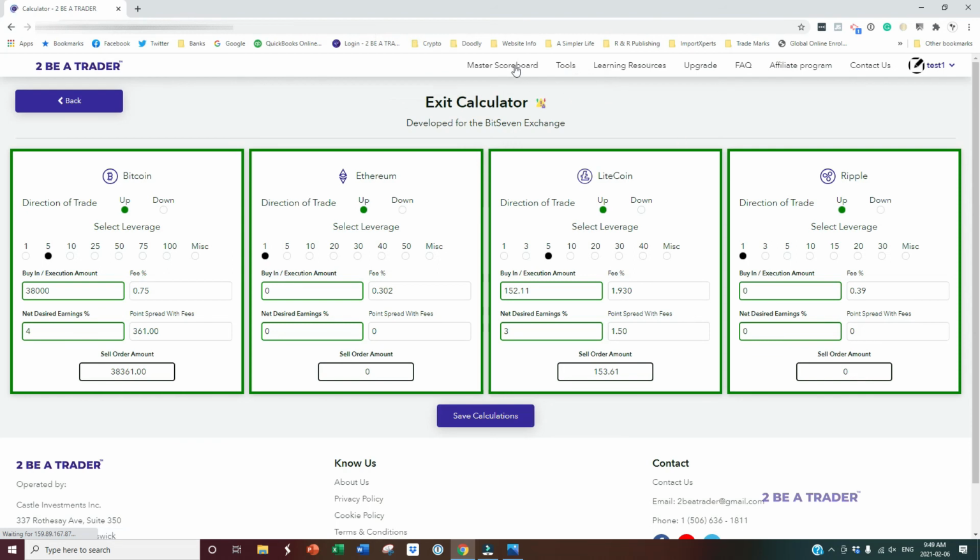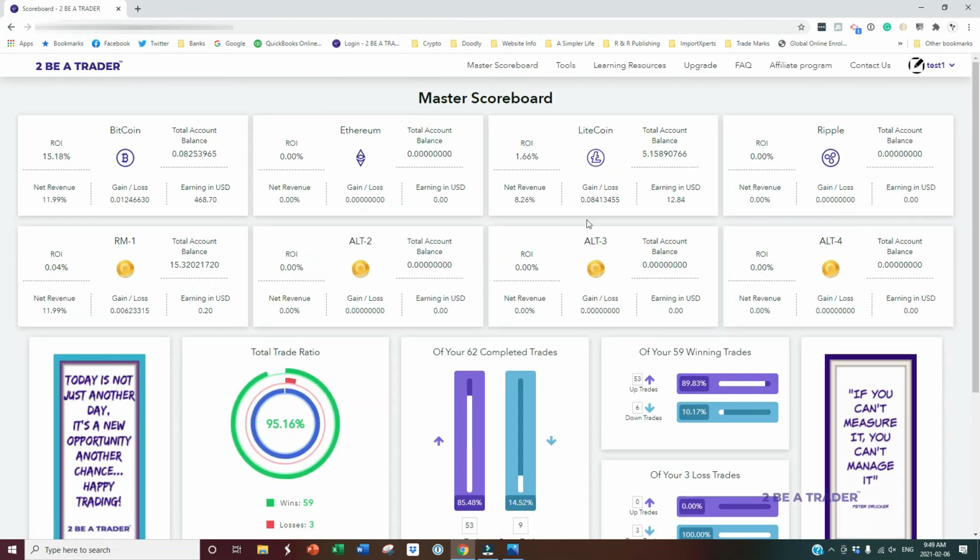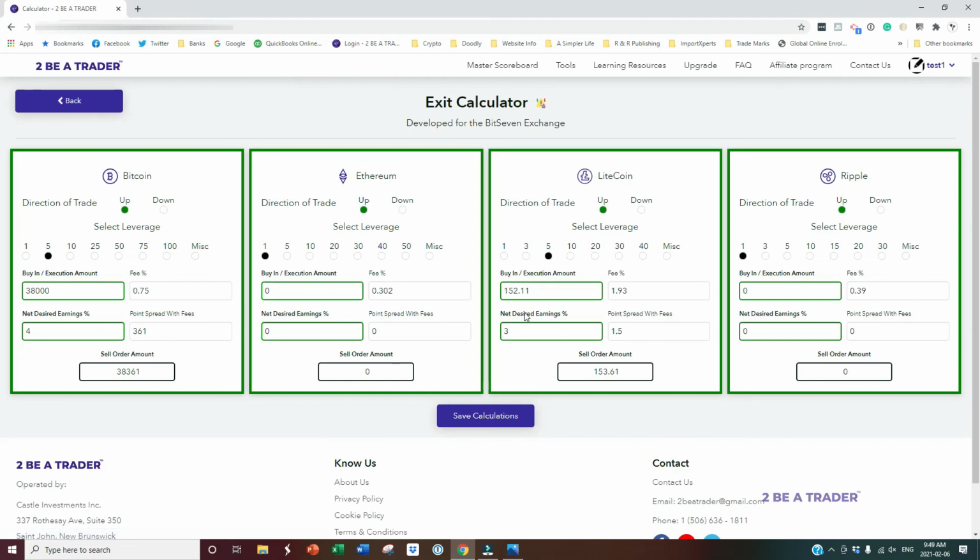If I have to leave the computer or sign out of my account, when I come back, my calculations are still there. I can change them at any time, and I can save them again, and the information will stay there until you change your numbers again.